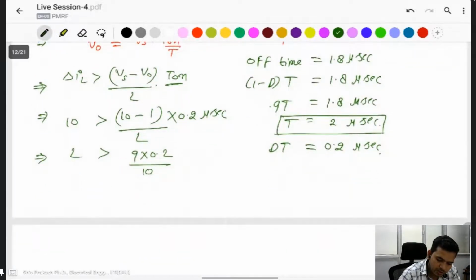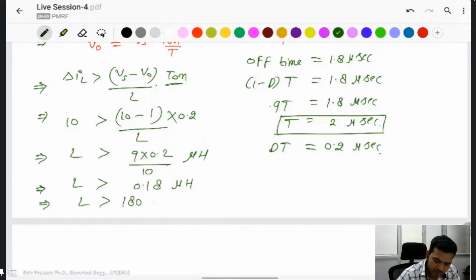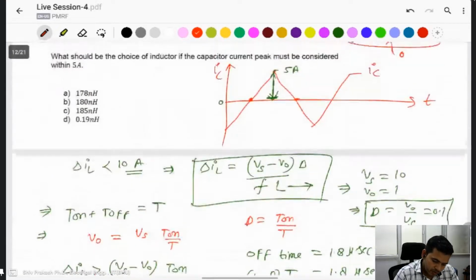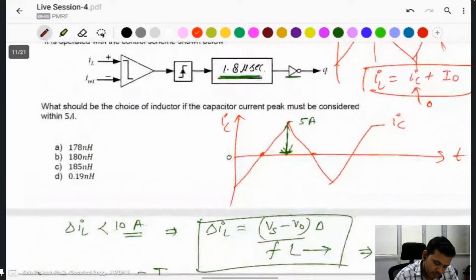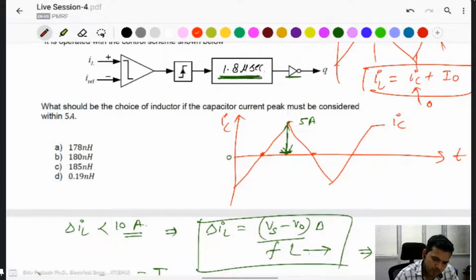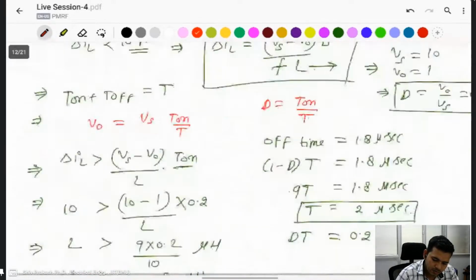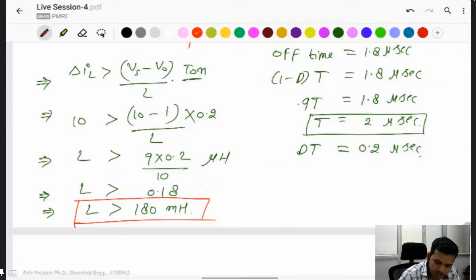This one is L, in microhenry: 0.18 microhenry, that means 180 nanohenry.